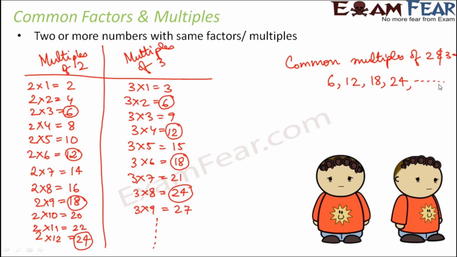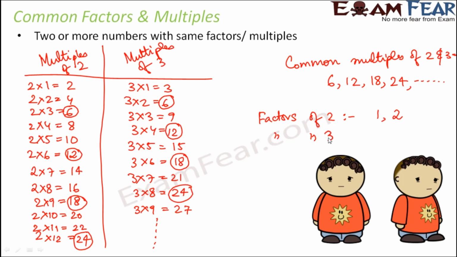Now what about common factors? Do you think that 2 and 3 might have common factors as well? Do you think so? So for that, let us try to write the factors of 2. What are the factors of 2? 2 has 2 factors, 1 and 2, because 2 is a prime number. One is 1 and the other one is itself, that is 2.